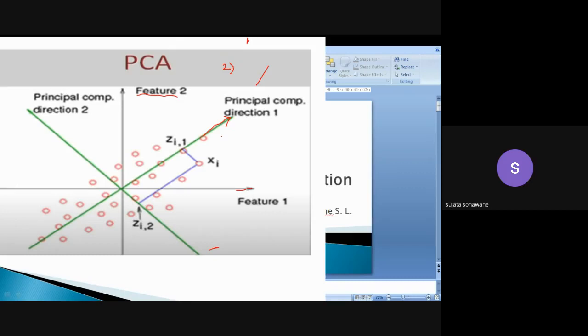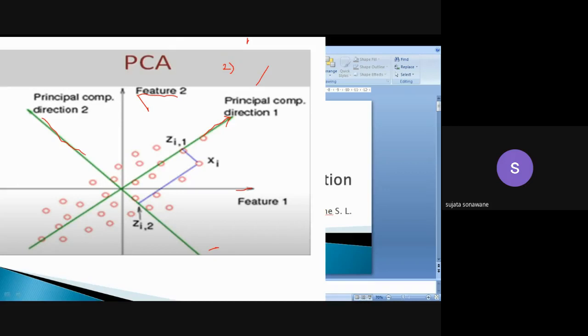So it should not share any information used by the first principal component. Here we can see that we have drawn this second principal component like this. So here we got these two principal components, principal component 1 and principal component 2.